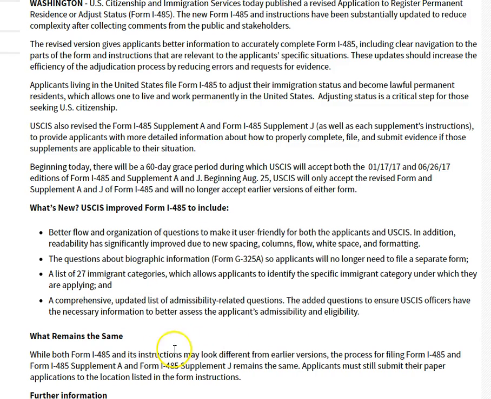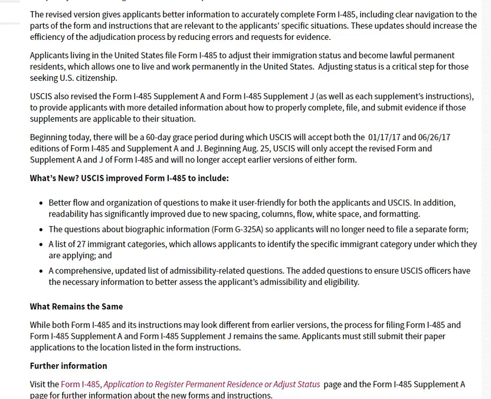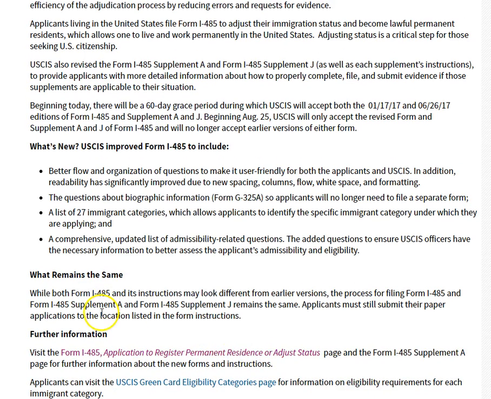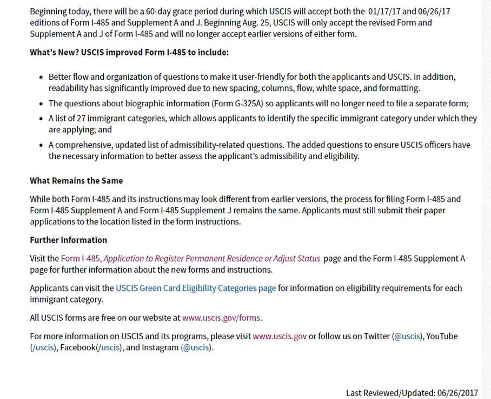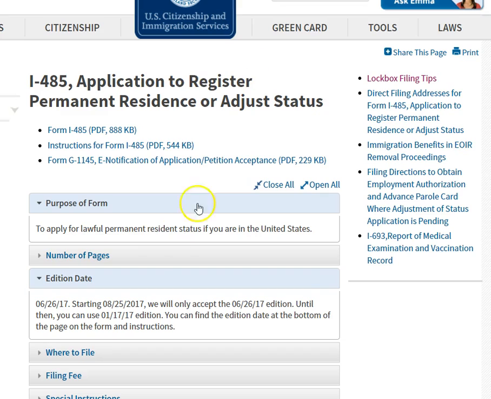What stays the same, they say, is that the form I-485 instructions may look different from earlier versions, but it's still the same. For more information, you can visit the I-485 application to register permanent residence. You can get access, and it's free.